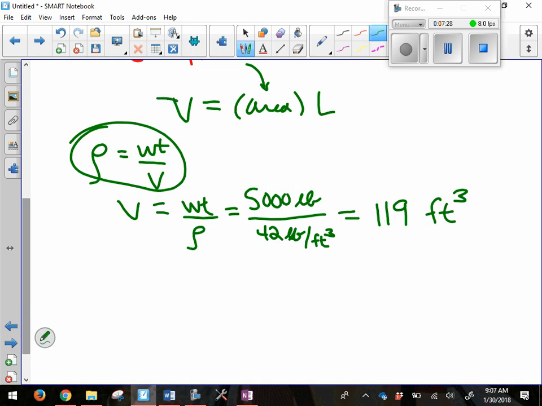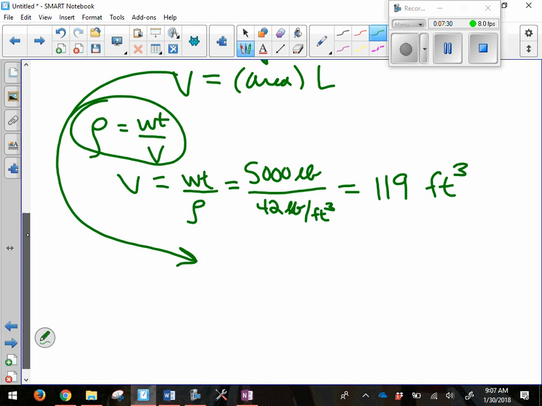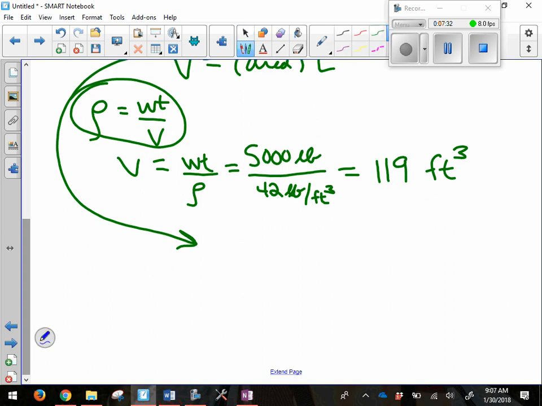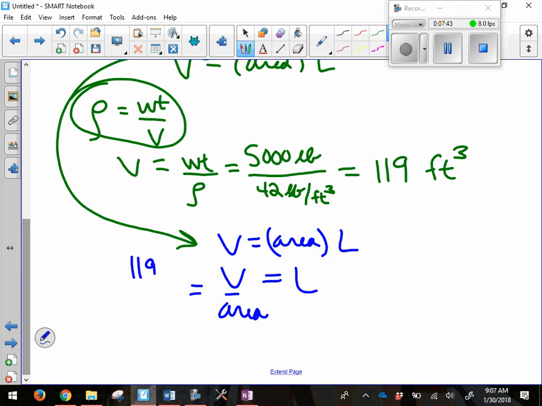So now we can take this formula, the other formula for volume. So we know that volume is going to be area times the length, or the length is going to be the volume divided by the area. So we've got 119 cubic feet divided by, what did Maddie say, 11.2 feet squared.